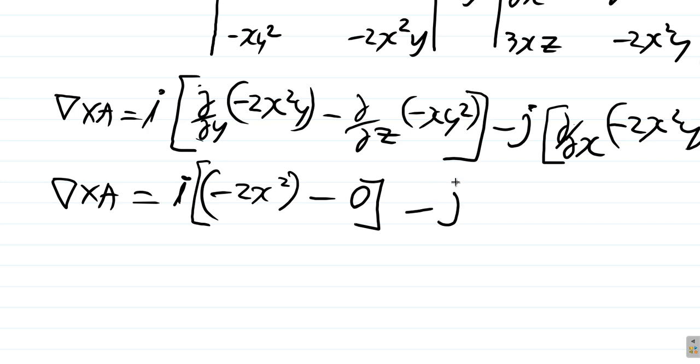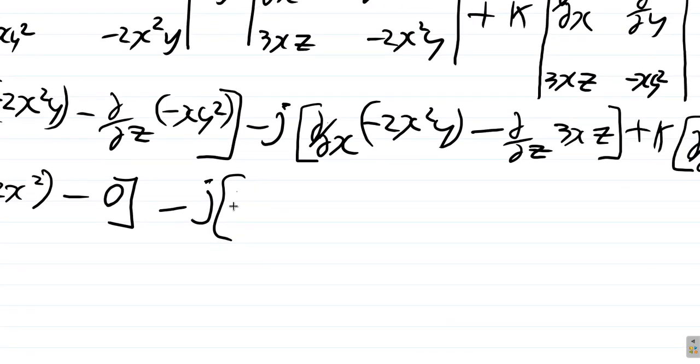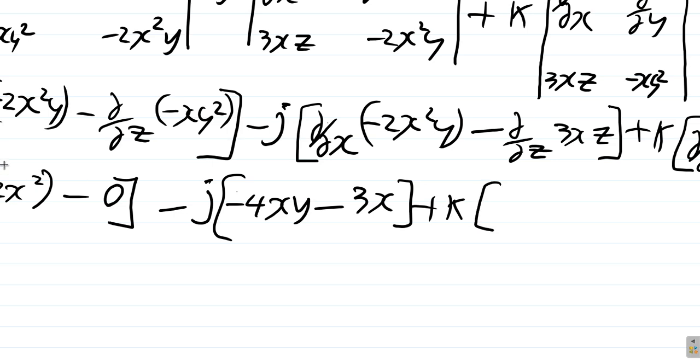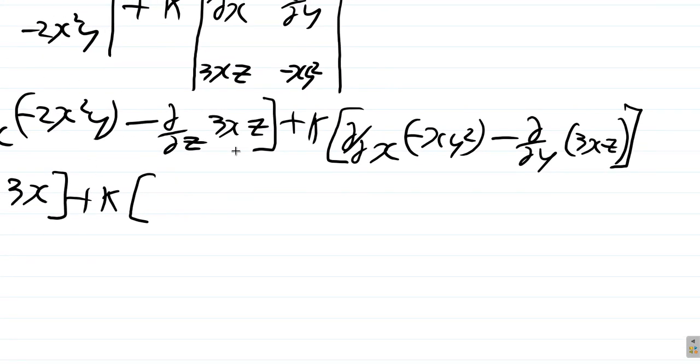Minus j times, when you differentiate this, you get negative 4xy, minus, when you differentiate this with respect to z, you get 3x. Plus k times, with respect to x, you get negative y squared, minus, differentiate with respect to y, you get 0.